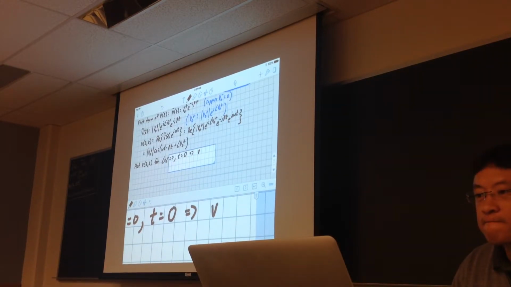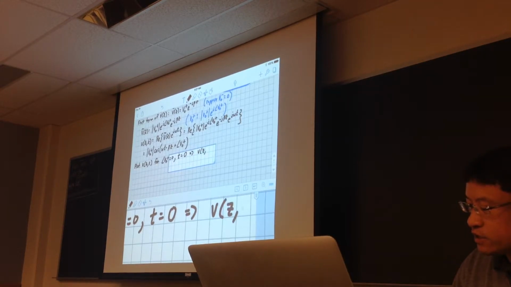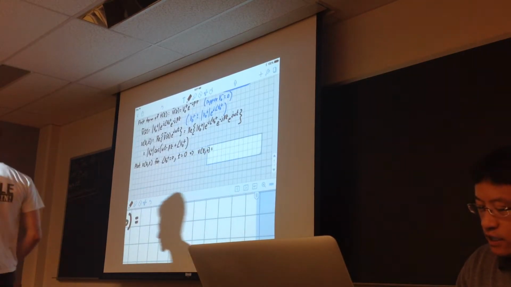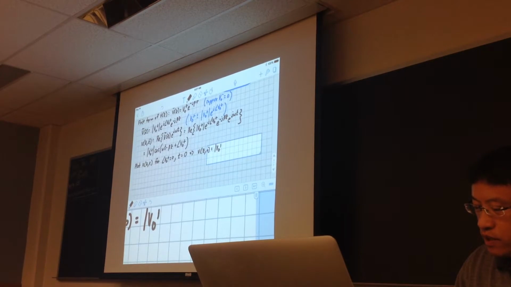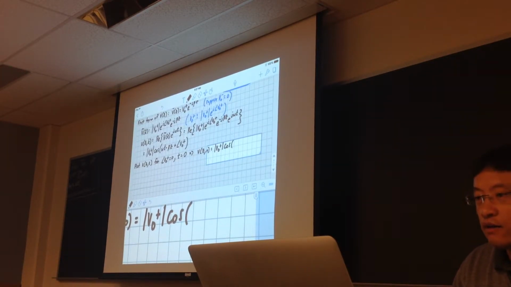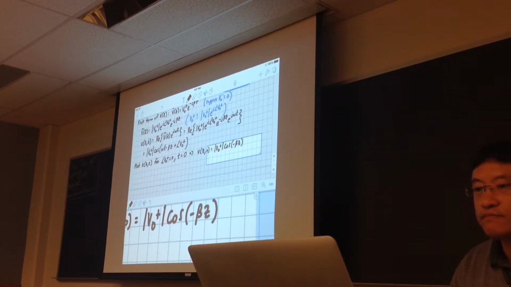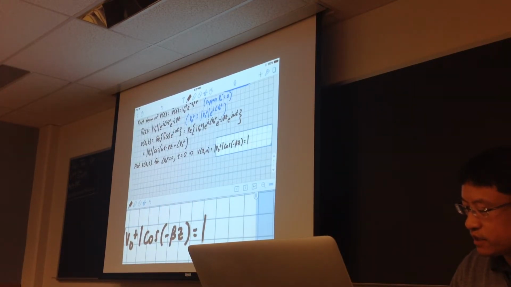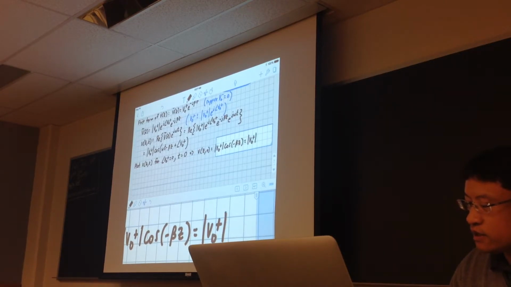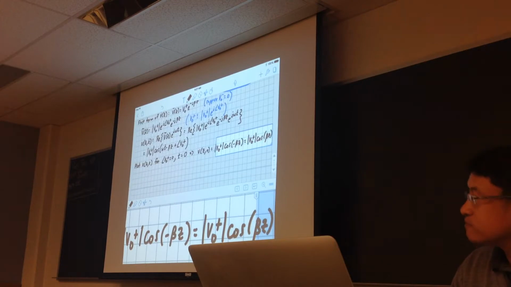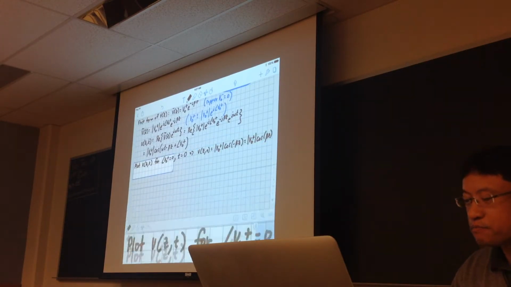Then v of z and 0 is equal to the magnitude of V0 plus times the cosine of minus beta z. And the cosine of a negative angle is the same thing as the cosine of the positive angle. So this is the magnitude of V0 plus times the cosine of beta times z.